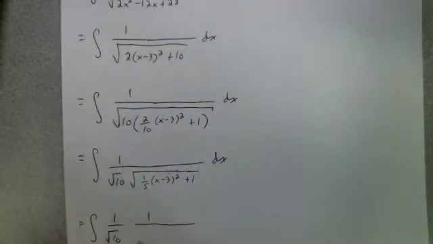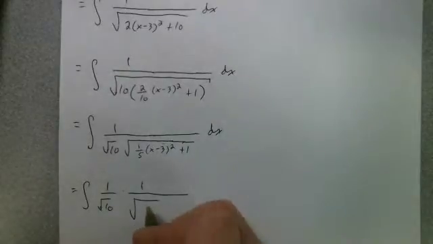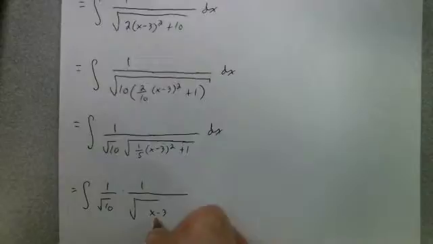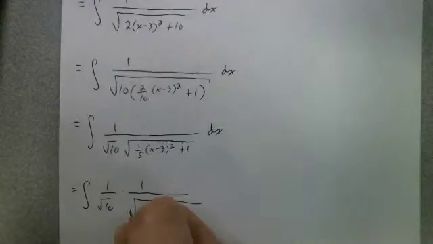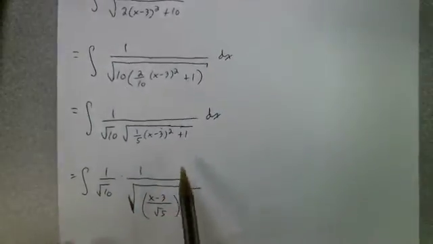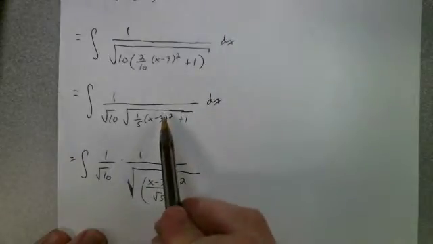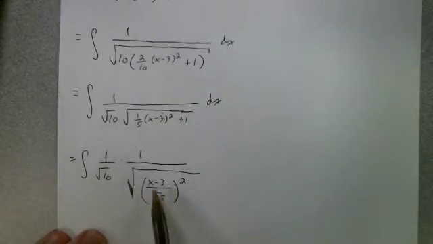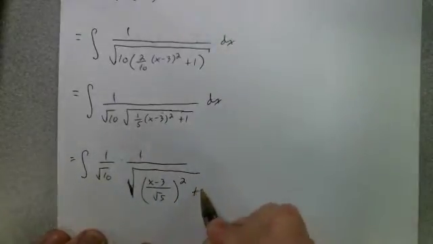What I have to do is rewrite this as x minus 3 over root 5, squared. That'll work. If I square what's in parentheses, I have x minus 3 squared, and if I square the square root of 5, it makes that 5 in the denominator. Then I have plus 1.